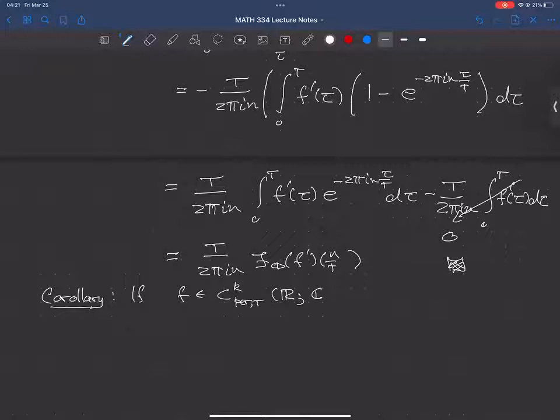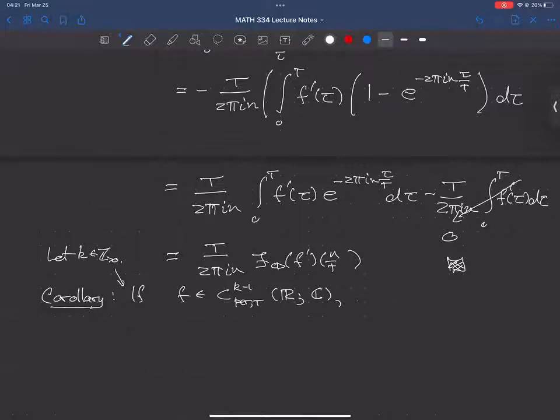Okay, so I'm going to assume that f is C^(k-1), and I think it's going to be more convenient here to use k minus 1. Let k be a positive integer.